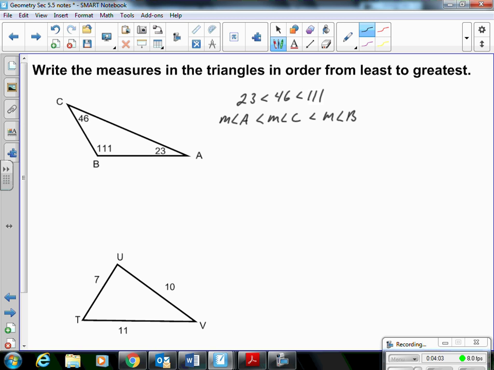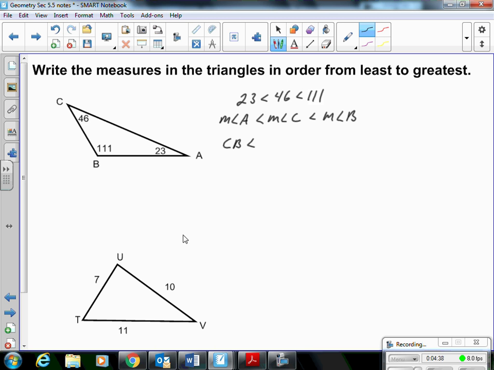And then when we know the order of the angles, we can also put the sides in order. So the smallest angle is angle A. So the smallest side is going to be straight across from angle A, which is side CB. So the length of CB is going to be less than the next one, which is angle C in order. Opposite angle C is side BA.